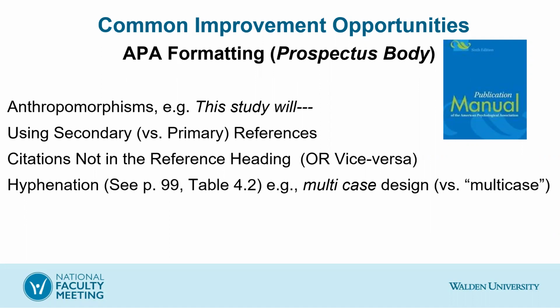The next common issue within the body of the prospectus for APA issues is using secondary versus primary references.